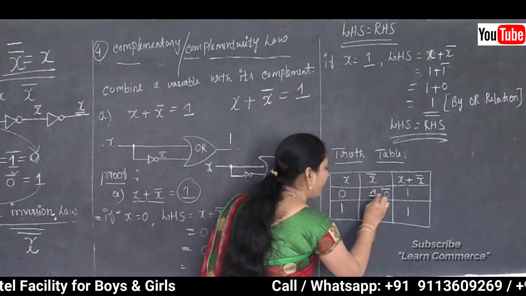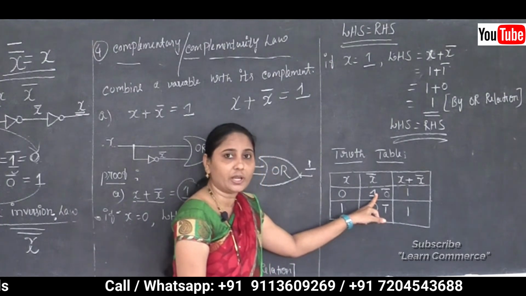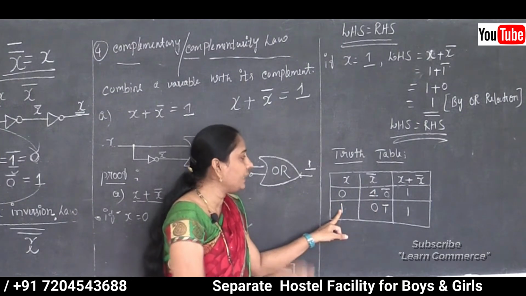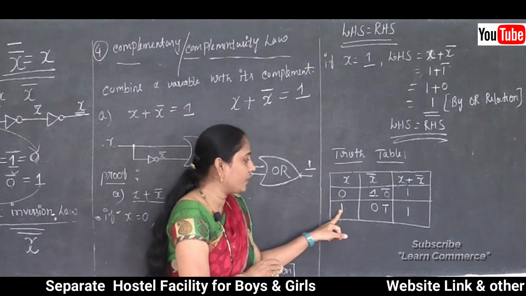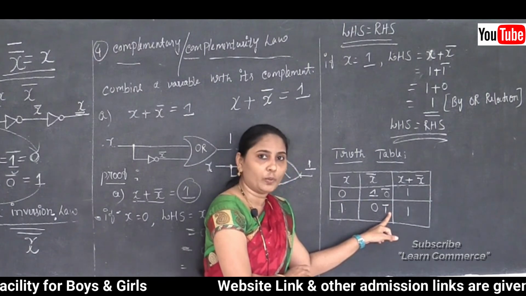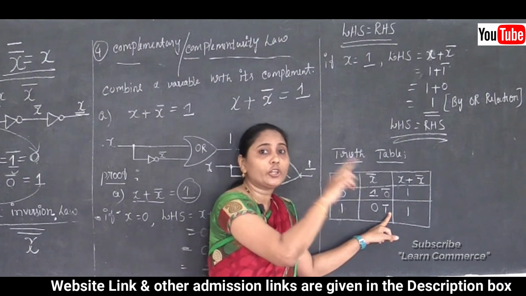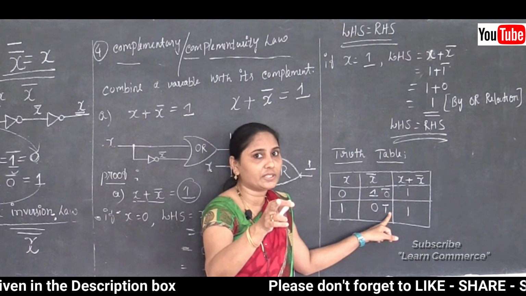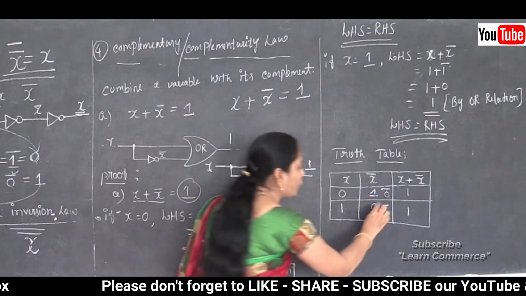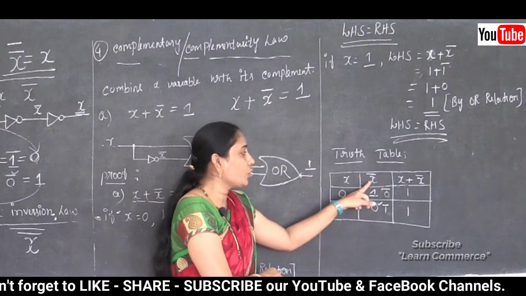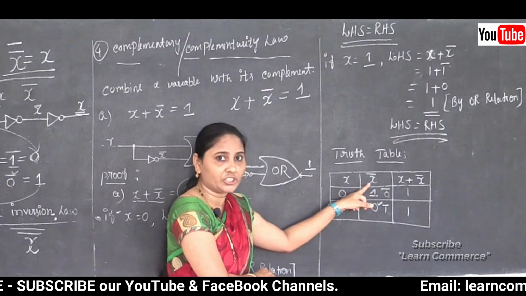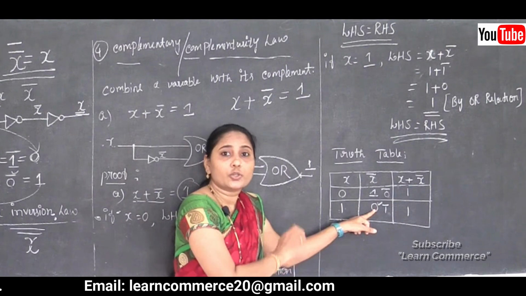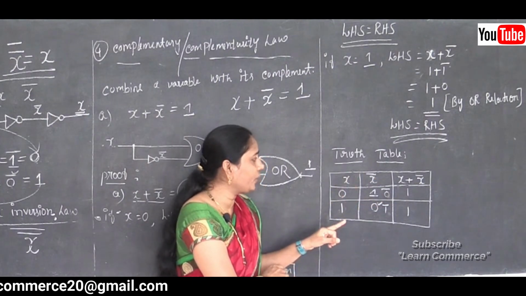So the value we need to write is 1, and then next one. Now in the next step, the x value is 1 here. When you use complement of 1, that means not true. What's the value of not true? That is equal to false. The false value is equal to 0. So now we need to write the value 0 here. So the second column shows the values in the truth table, which are 1 and 0. Clear this point here? So this is about our complement of x here.